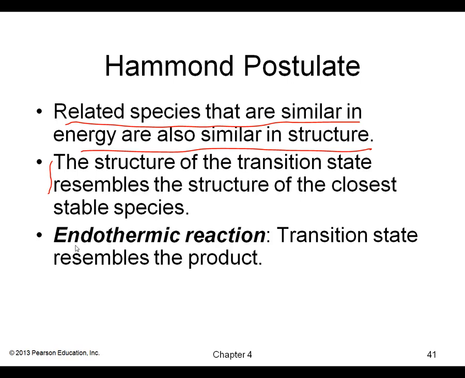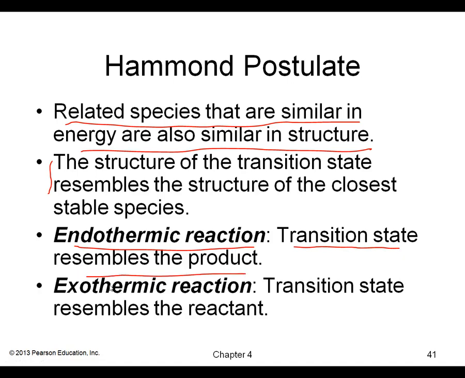So if you have an endothermic reaction, the transition state resembles the product. If you have an exothermic reaction, the transition state resembles the reactant. So you want to remember that. This is the essence of the conclusions of the Hammond Postulate. Make sure you have these down.